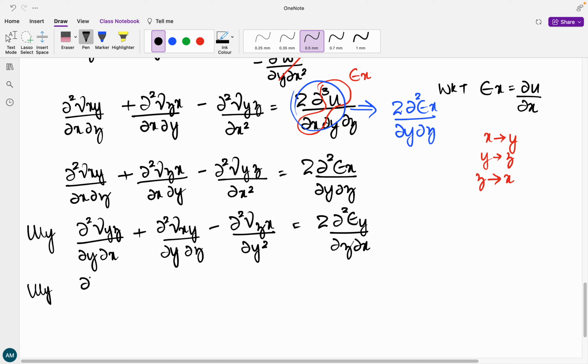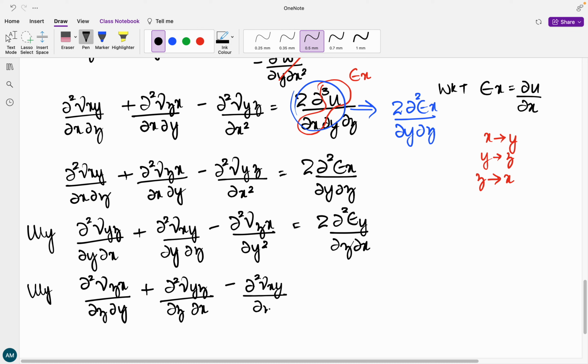Similarly, for γy, z, z gets converted to x: ∂²γ/∂z∂y plus ∂²γyz/∂z∂x minus ∂²γxy/∂z² is equal to 2 times ∂²εz/∂x∂y.